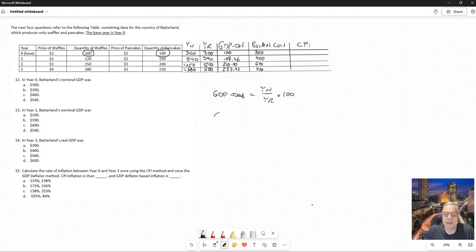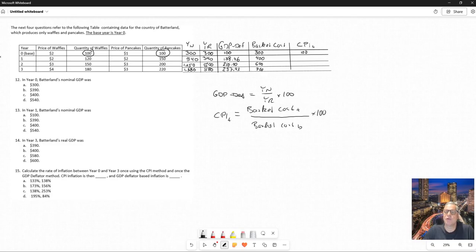Okay, so now the consumer price index in year T is defined as the basket cost in year T over the basket cost in the base year, times 100. So the CPI in the base year is 300 over 300, that's 1, so 100.